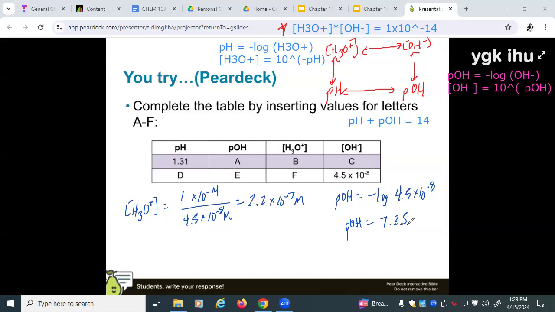Now I've done 2 of the calculations. I could use either result to figure out the 3rd calculation. I can take that hydronium, take the log of it, get pH. That would be one way. The other way is I can just use this 14 relationship. pH plus pOH is 14, and naturally come up with the fact that the pH has to be 14 minus this.